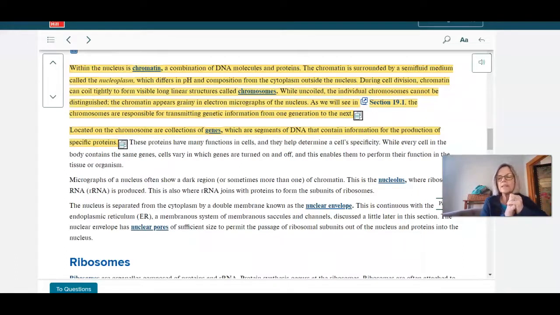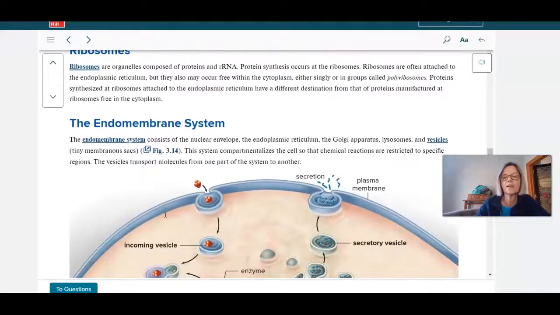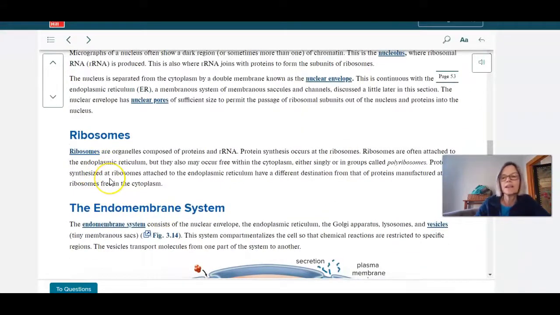That means that DNA has enough instructions to make many different proteins. So a gene is a segment within a chromosome, or within a piece of DNA, that has enough instructions on how to make a single protein. I don't have ribosomes highlighted here, but ribosomes are going to come up again, so remind yourself of the function of ribosomes. Remember, ribosomes are where proteins are made.